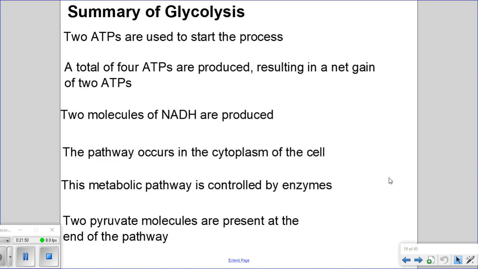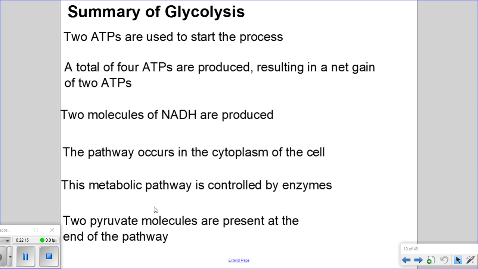So looking at a summary of glycolysis, we have 2 ATPs that are used to start the process. A total of 4 ATPs are produced, resulting in a net gain of 2 ATPs, so we've doubled our investment. 2 molecules of NADH are produced. Just recall that this first process of glycolysis occurs in the cytoplasm of the cells.